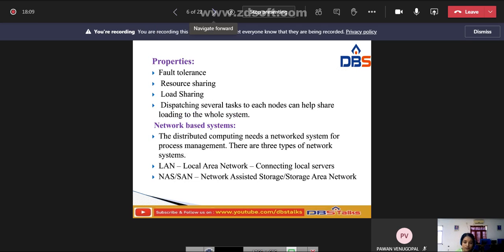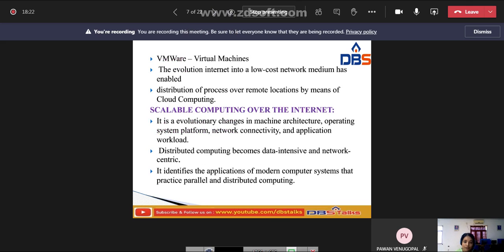LAN is nothing but local area network. It is connecting to the local servers. NAS and SAN are network attached storage and storage area network, and VMware is the virtual machines. So these are the three types of networks we are using in distributed computing.